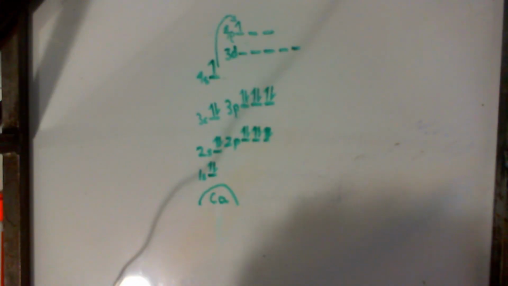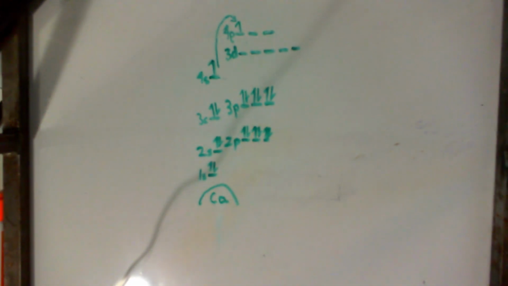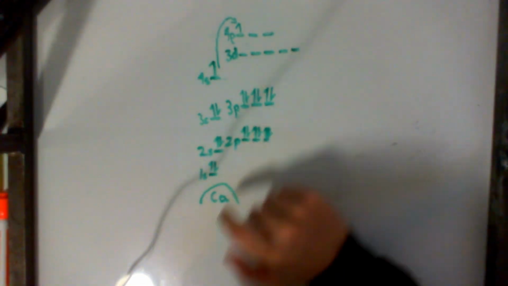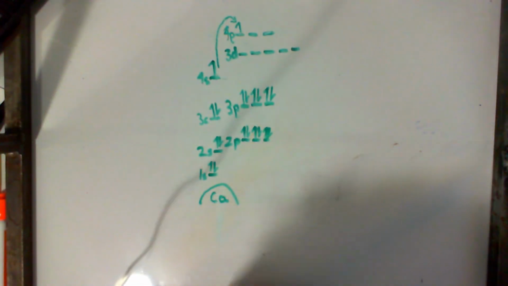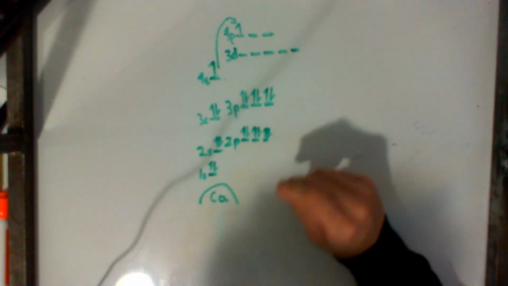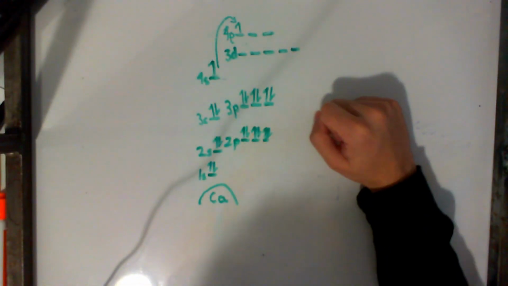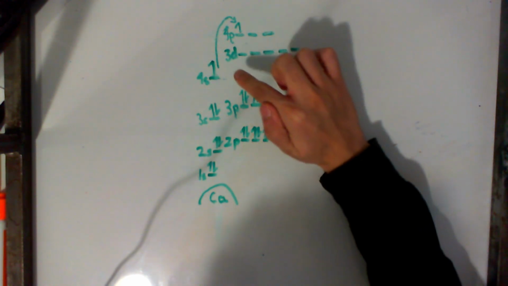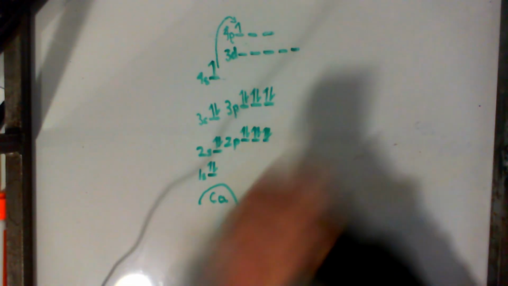Shown here is an example of a calcium atom being excited. The electron is excited, okay, has energy put into it, maybe it's lit on fire or something. So the electron jumps up an extra orbital. In this case, it jumps from the 4s orbital to the 4p orbital.